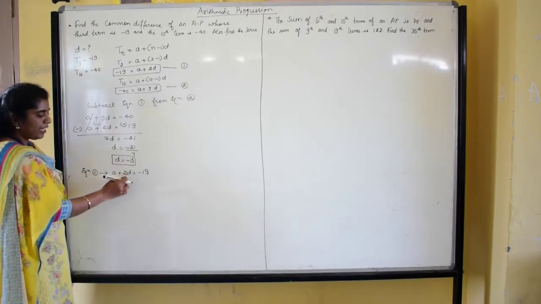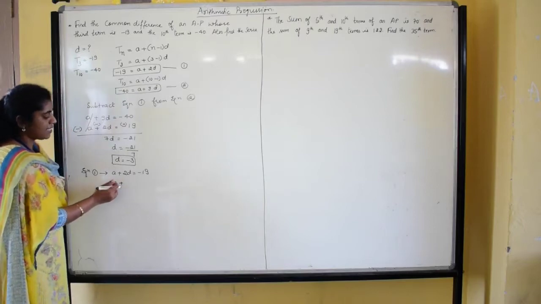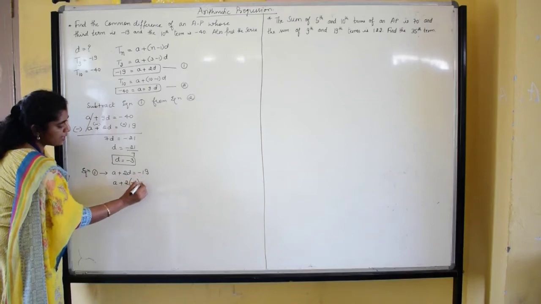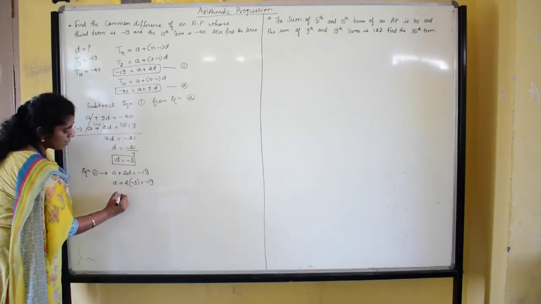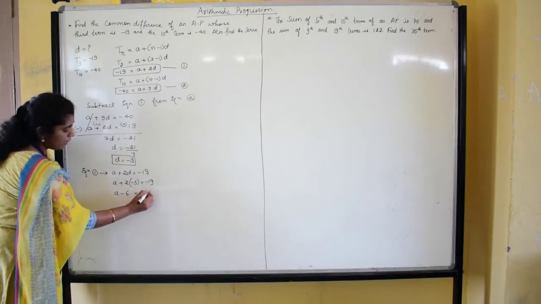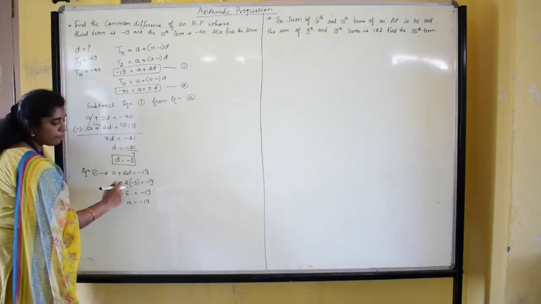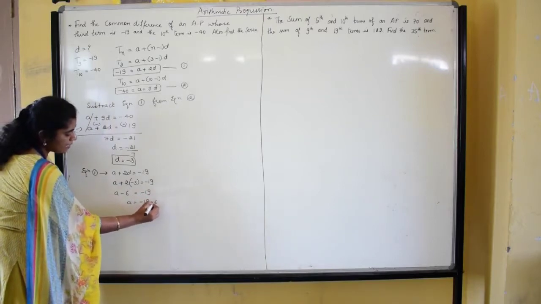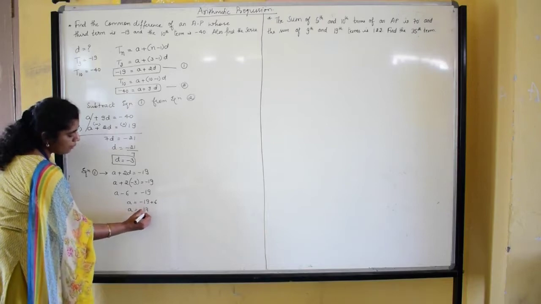Substitute the value of D in the equation. A is not known, so we write A as it is. A plus 2 into (minus 3) is equal to minus 19. So A plus, into minus, minus 6, is equal to minus 19. Shift 6 to the other side; minus 6 becomes plus 6. A is equal to minus 19 plus 6, which is equal to minus 13.